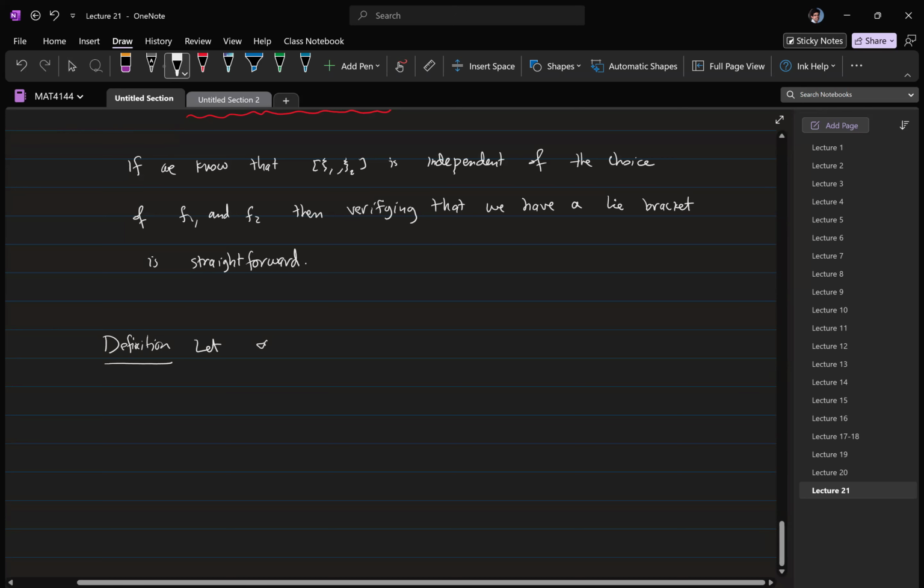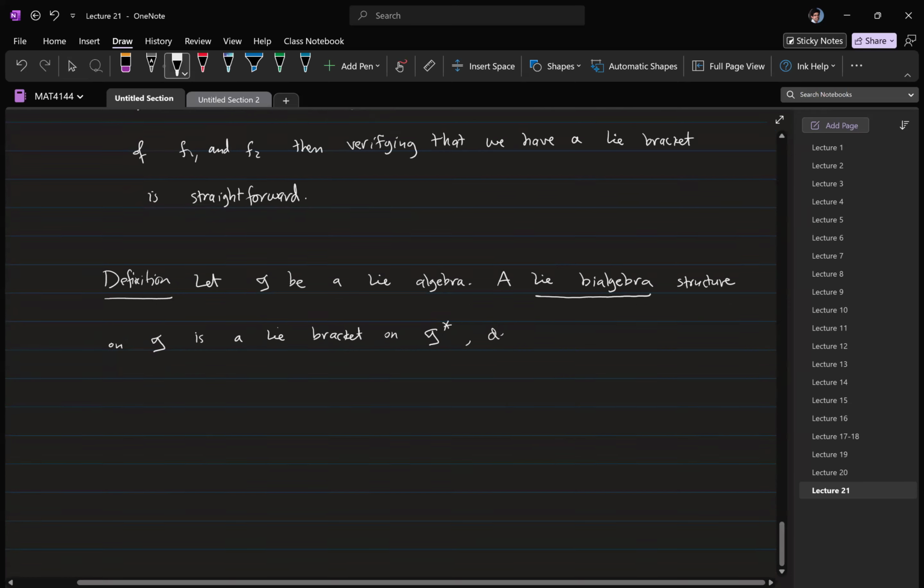Let G be a Lie algebra. A Lie bialgebra structure on G is a Lie bracket on G star, denoted as, I'll use this delta star.